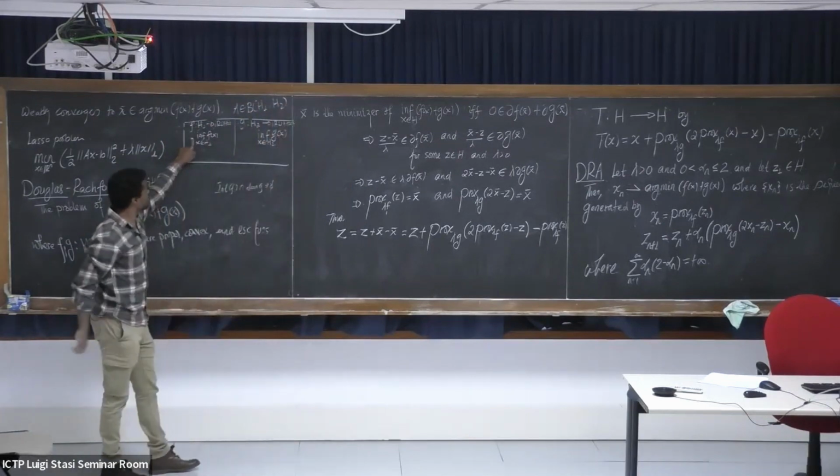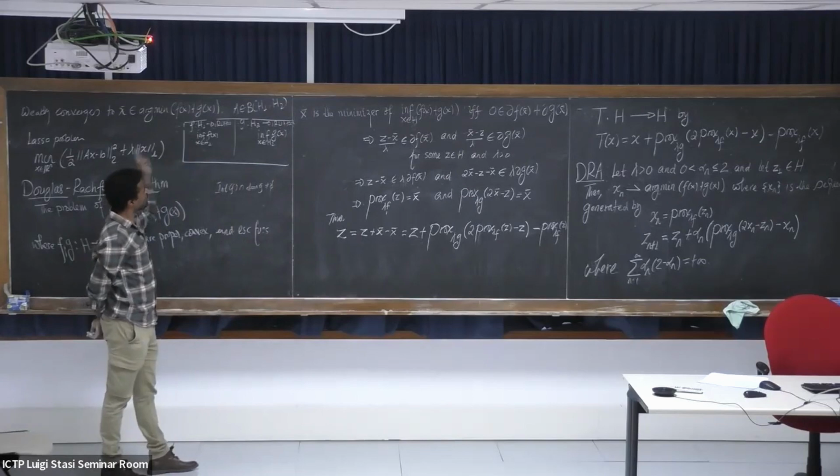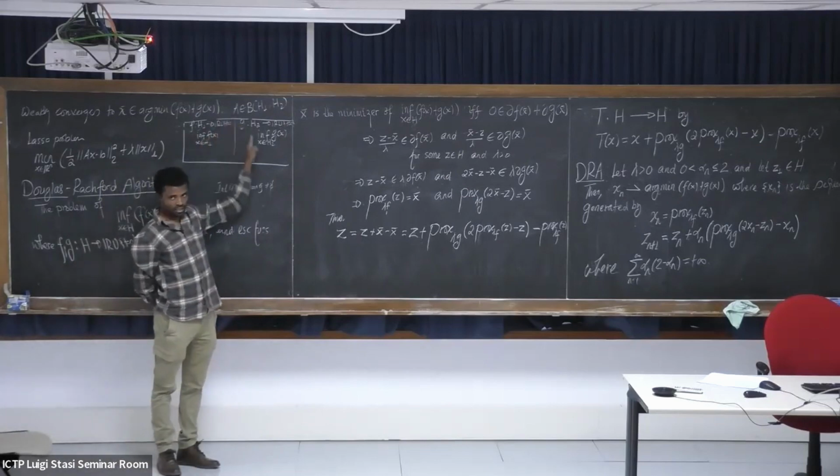So find a point in this space which minimizes this one, and under the linear transformation A, it also minimizes this.